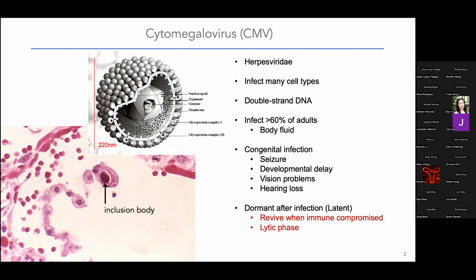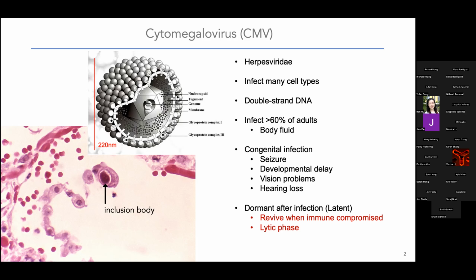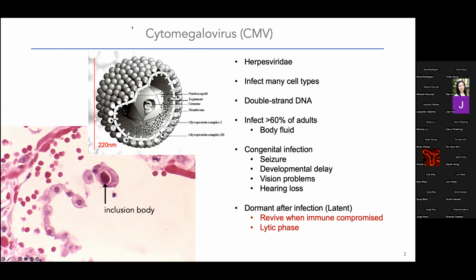We are studying a virus called cytomegalovirus, or CMV. From the name, you will know that a feature of this virus is that it has a large size, bigger than the average virus we see.